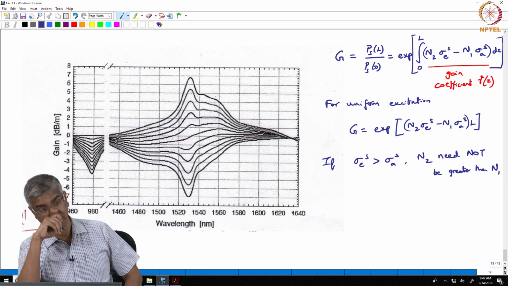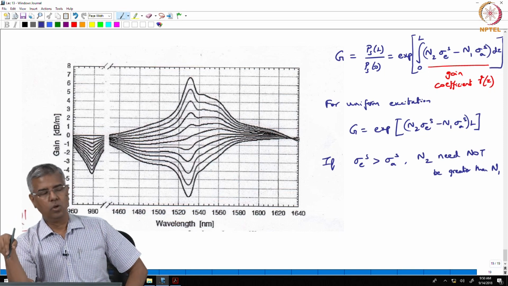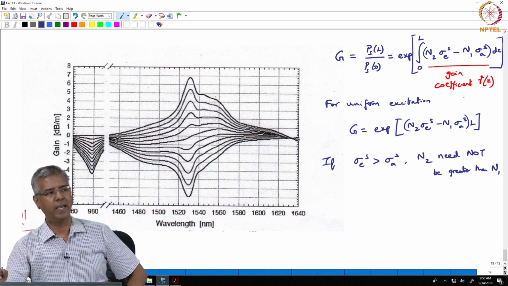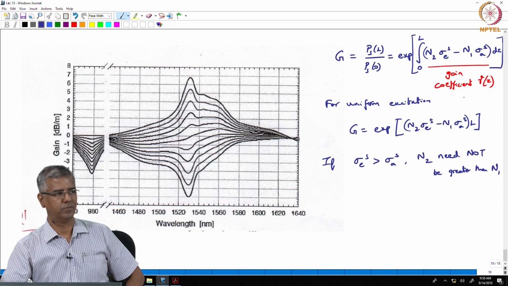Does that make sense? To get gain, what you need is that the gain coefficient be positive.